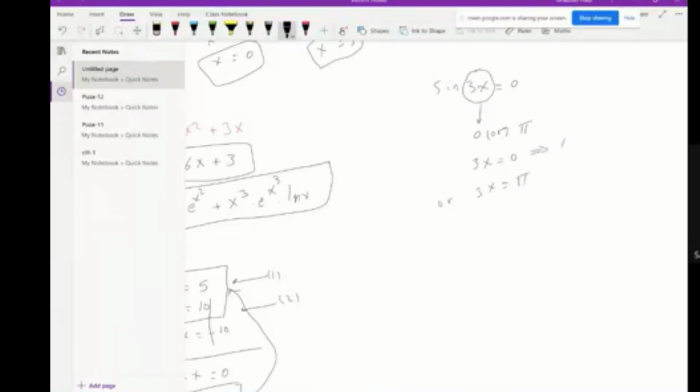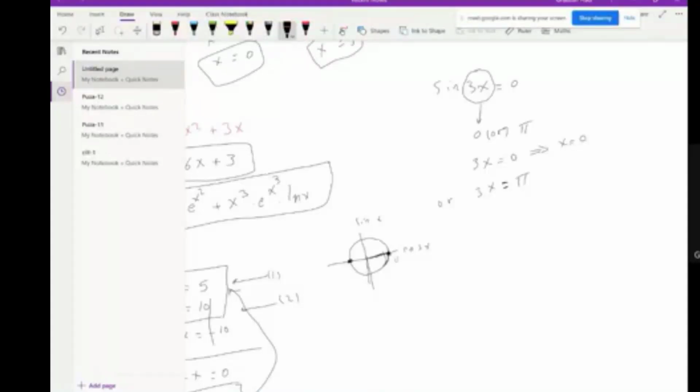Sorry, no, pi. Look at me. This is sine and this is cosine x, and this is a unit circle. Here we have sine equals 0 and here 0.